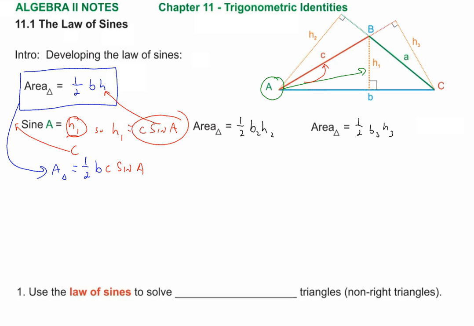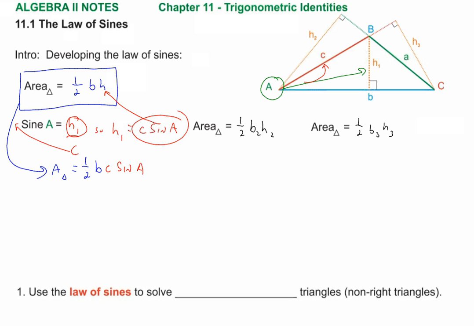Now again, I don't want to get too long in all of that, but if I do the exact same thing for the other two heights, and again, you've got to take your time and look at the other angle. Look, if I were doing the sine of angle C, it would be the opposite H2 over now the hypotenuse B. And if I were doing the sine of angle B, it would be the opposite, and again, you've got to go opposite over hypotenuse in the right triangle.